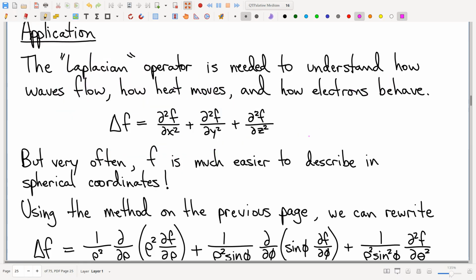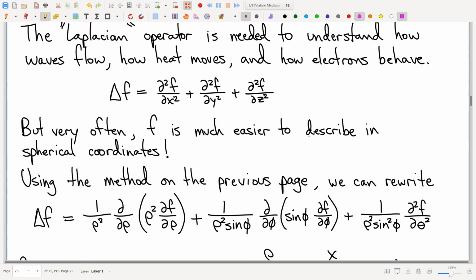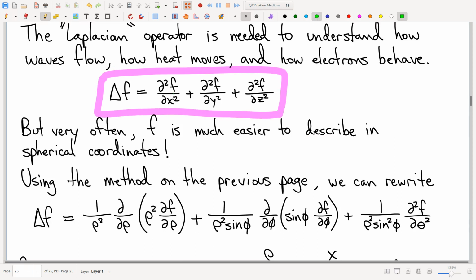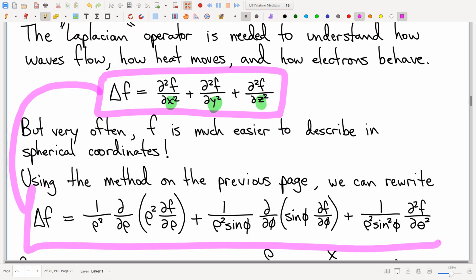I claim that this Laplacian, which you'll notice is in rectangular coordinates because x, y, and z, what I'm taking partials with respect to, is all rectangular coordinates. I can rewrite that Laplacian, same exact thing, but I can rewrite it in terms of spherical coordinates.